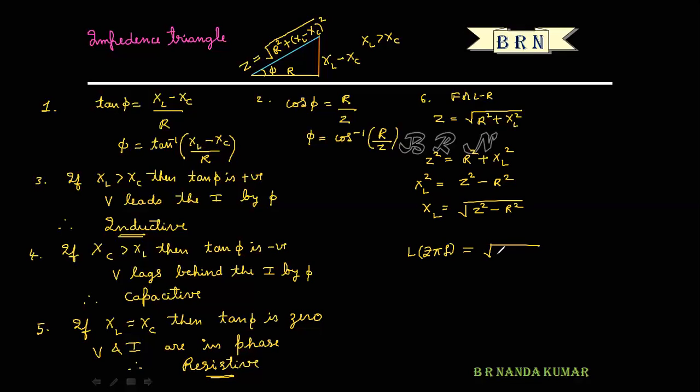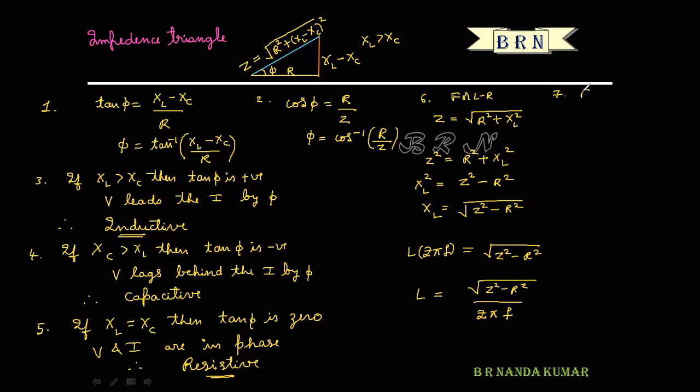So L is equal to root Z square minus R square divided by 2 pi f. This is the mathematical expression for inductance in terms of impedance and resistance in an LR circuit.